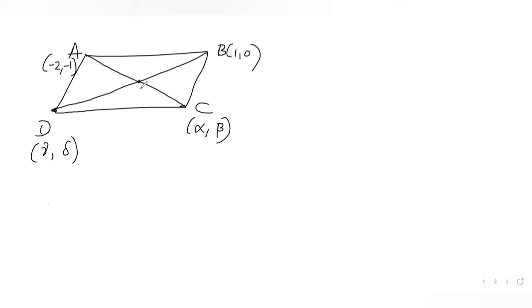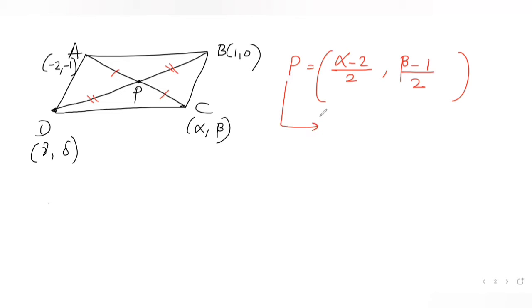So P becomes the midpoint of A and C, and P also becomes the midpoint of B and D. By the midpoint formula, the coordinates of P are ((alpha minus 2)/2, (beta minus 1)/2). Similarly, with BD, the coordinates of P are ((1 plus gamma)/2, (0 plus delta)/2).